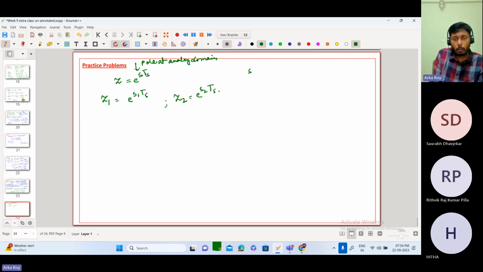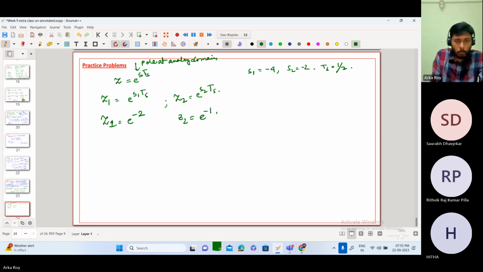So over here we have poles S1 equals -4, S2 equals -2. So Z1 will be equal to e to the power, and Ts is what? Ts is 1/2. So it will be e to the power -2, and Z2 will be e to the power -1. So these are the pole locations.